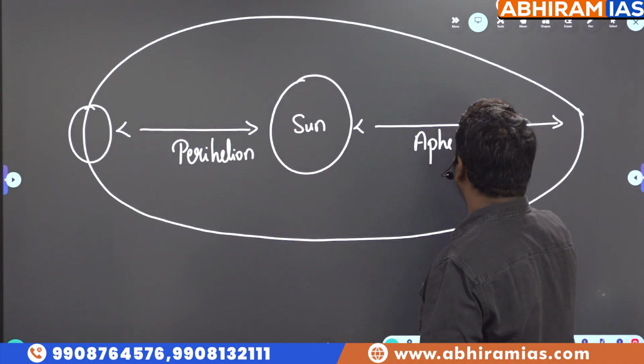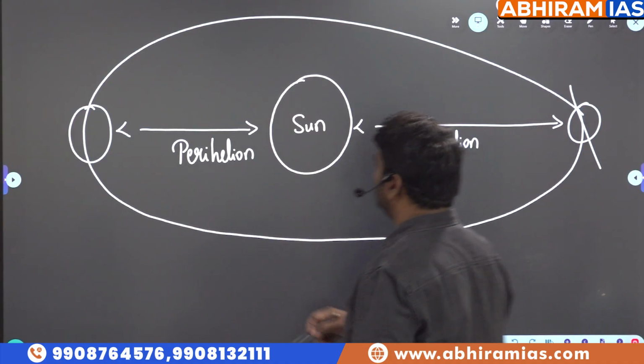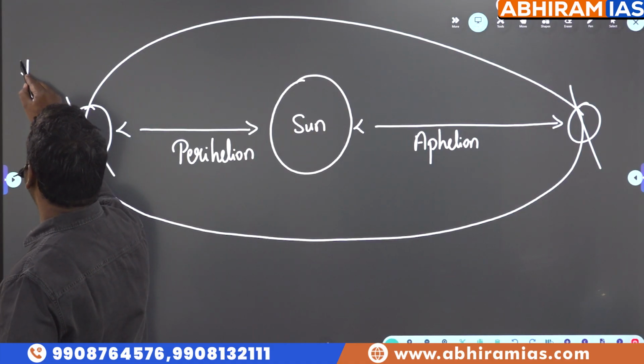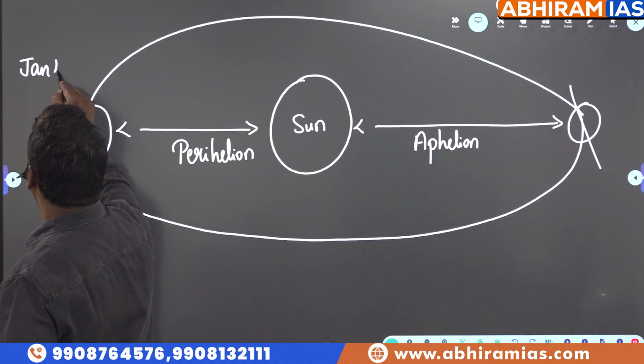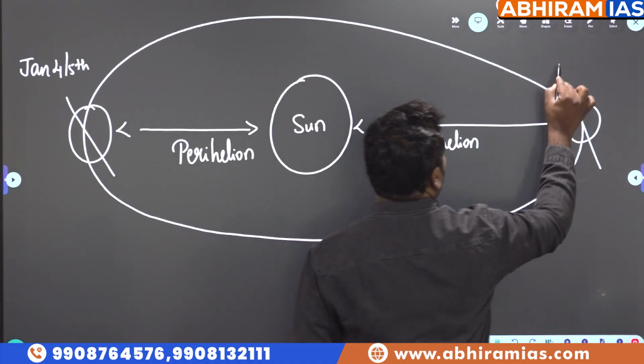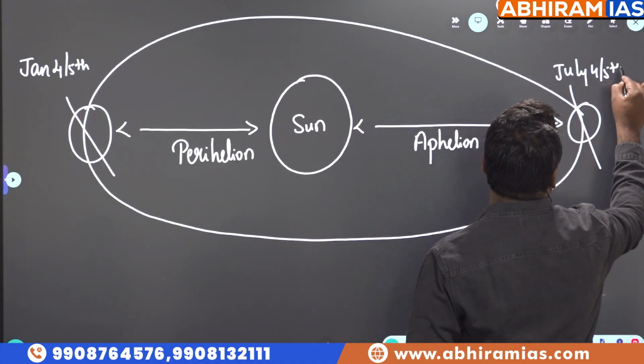This will be aphelion. Earth will be like this. This is Jan 4th or 5th, and this is July 4th or 5th.